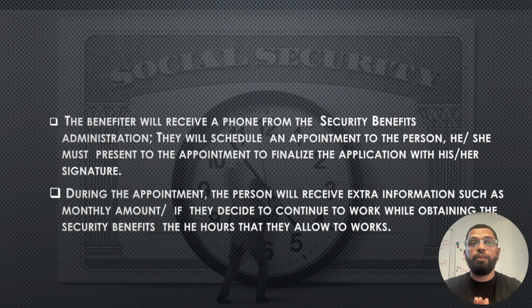Also, they will give the exact amount of money that person will receive, and the day when they're going to start receiving their Social Security benefits. And this is pretty much the process for the application of Social Security benefits.